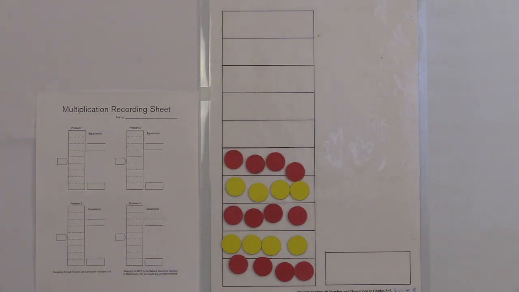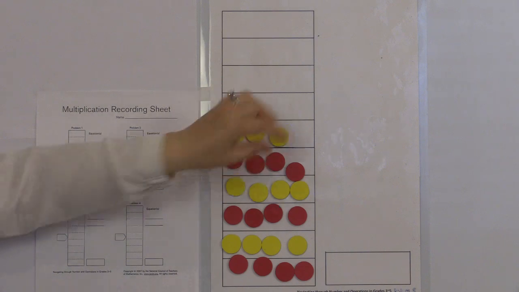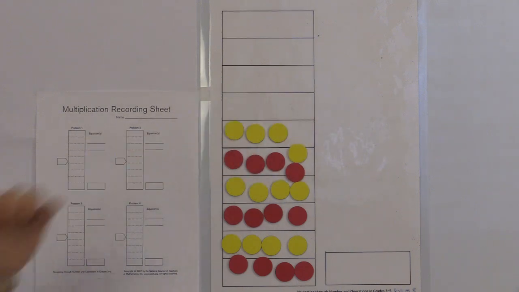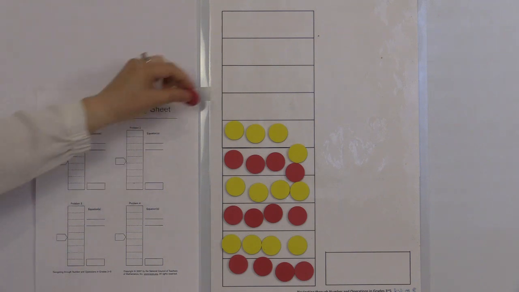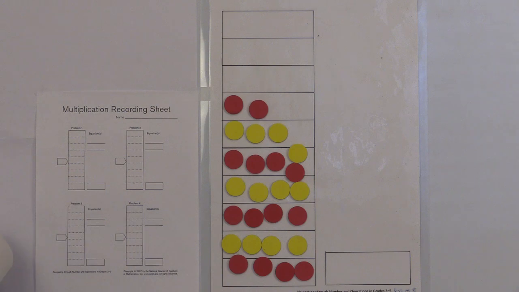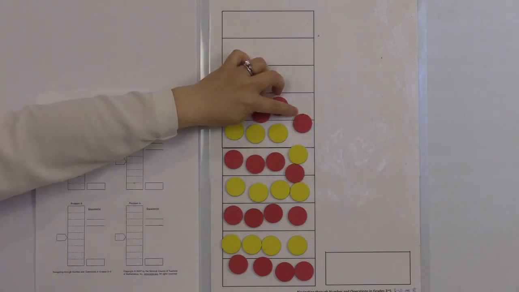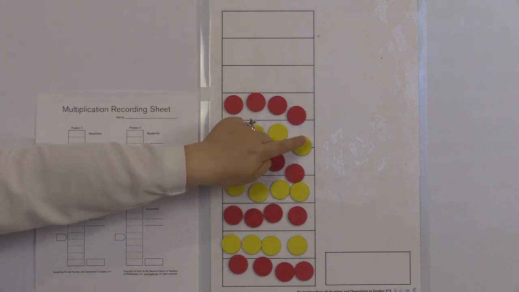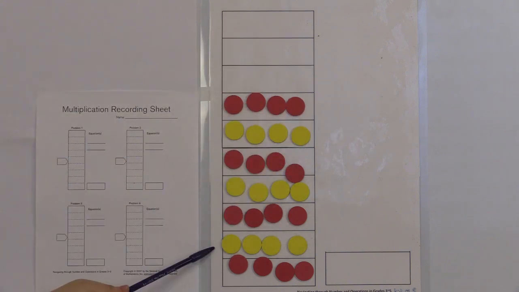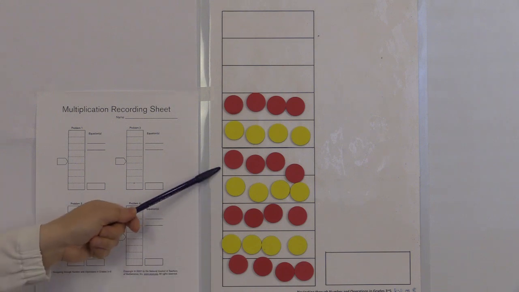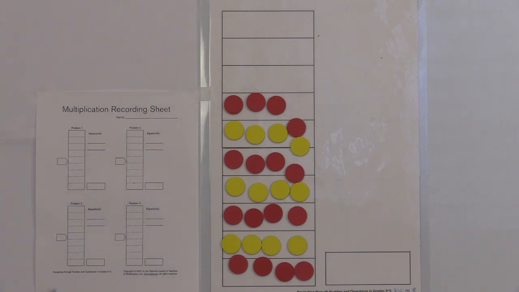How many so far? I have 5 groups, so a couple more. 1, 2, 3, 4. And then 4 more, 1, 2, 3, 4. Okay, so I have 1, 2, 3, 4, 5, 6, 7. Right? Seven groups of 4.